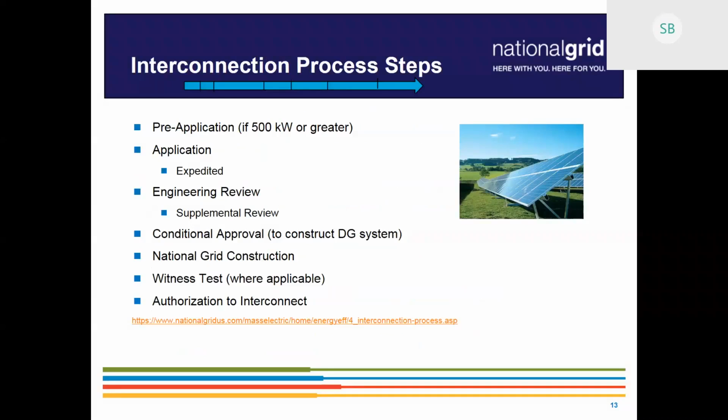The screening review will yield in your portal case a screening review form, which will indicate to you what the screening results have determined, whether or not there's a supplemental review required, whether or not your project may have to go for some reason to a full impact study, or whether or not there might be a simple transformer upgrade or other simple system modification that may require your project to then move further in the interconnection process.